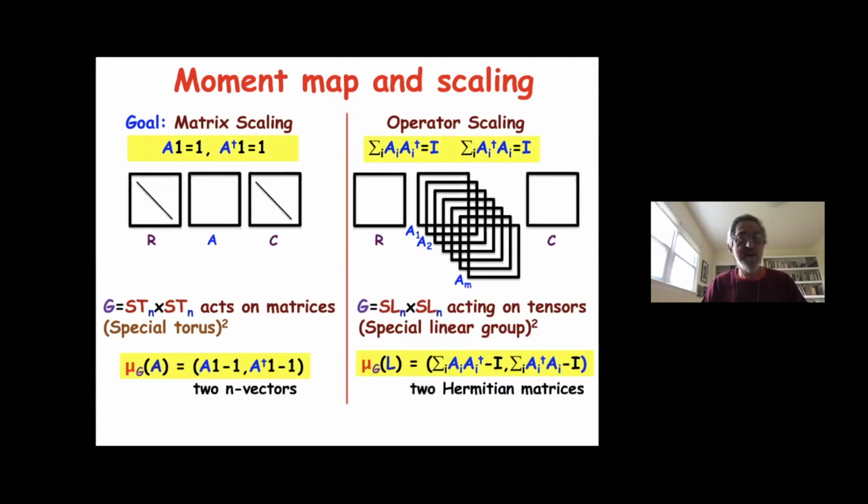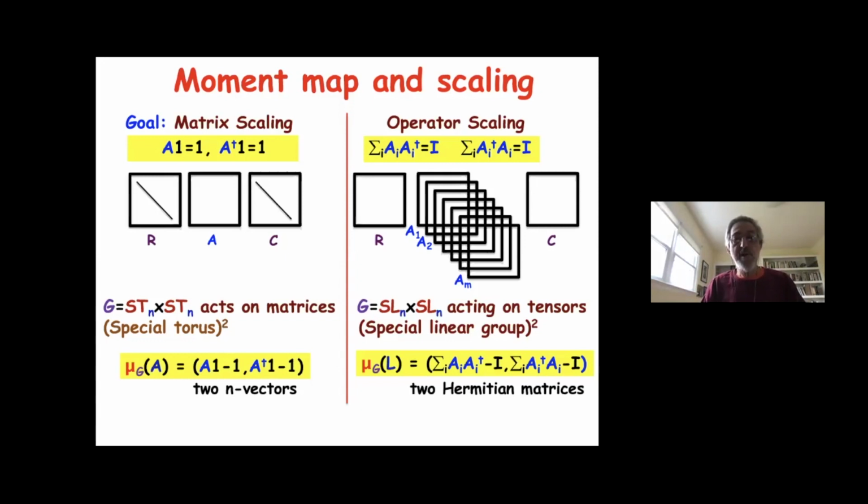Here, the moment map lives in 2n vectors, right? Anyway, that's a Euclidean case, and this is simple. And in the operator case, this turned out to be 2 Hermitian matrices, and this is also not a surprise. It's the Lie algebra of the general linear group or special linear group.